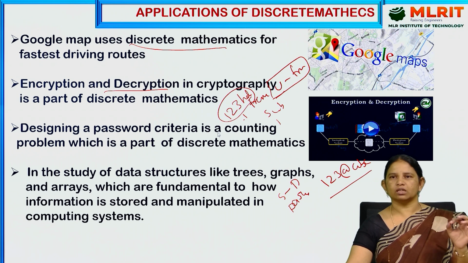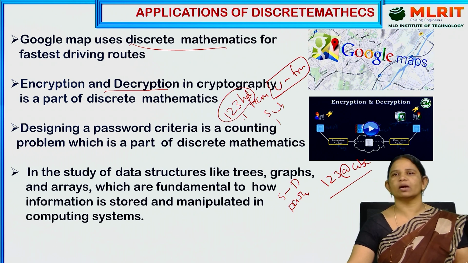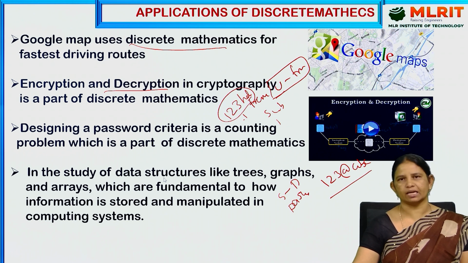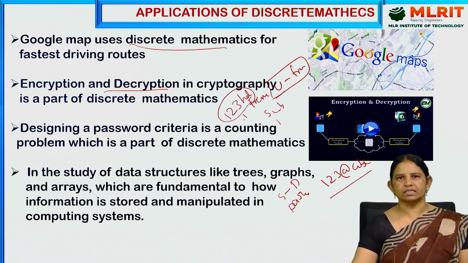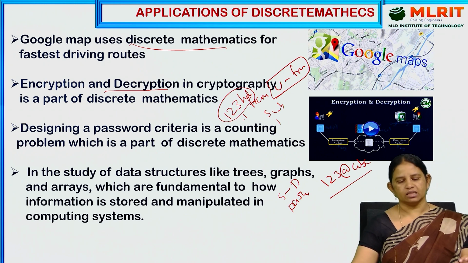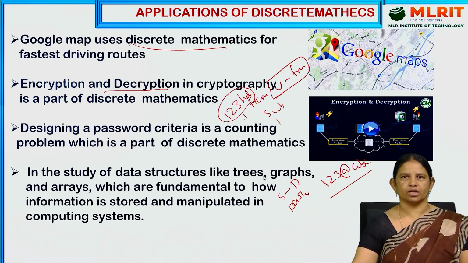For 3 letters, you can create any number of passwords. That is the counting problem, and the counting problem is a part of discrete mathematics. Also, in data structures, we use trees, graphs, arrays. All these are fundamental concepts present in discrete mathematics. These are the applications of discrete mathematics.